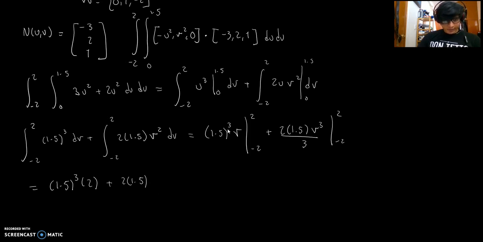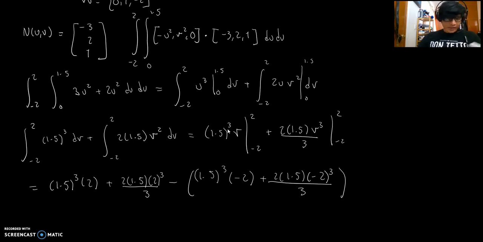This will be now 2 cubed over 3 minus 1.5 squared, minus 2, plus 2 times 1.5 minus 2 cubed over 3.